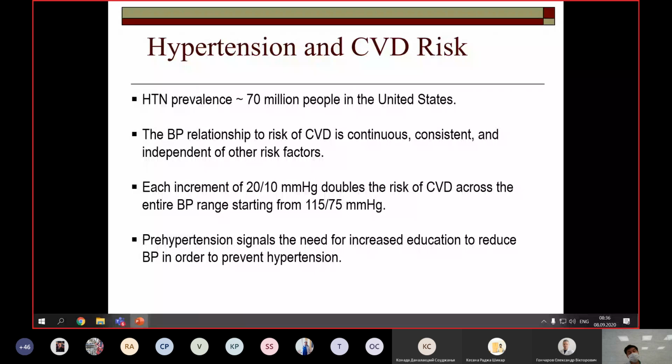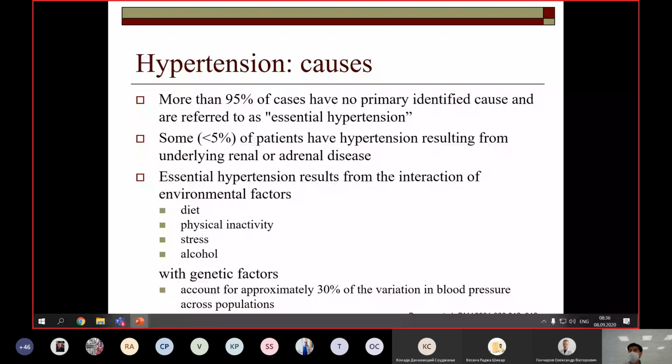So, what causes can be reported for arterial hypertension? In more than 95% of cases, there are no identifiable primary risk factors, and the primary reason can be referred to as the primary cause of elevation of BP.